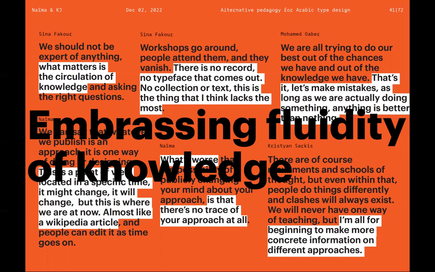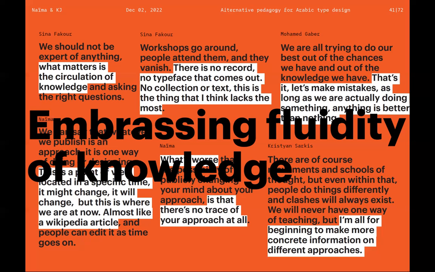But all these initiatives can get a little bit lost in translation, because they are not necessarily archived, or not systematically archived, in a systematic or global manner. There is a real lack of record of all those different efforts that are happening.